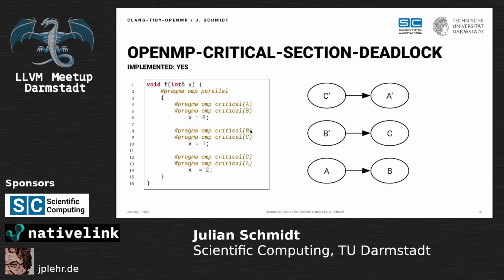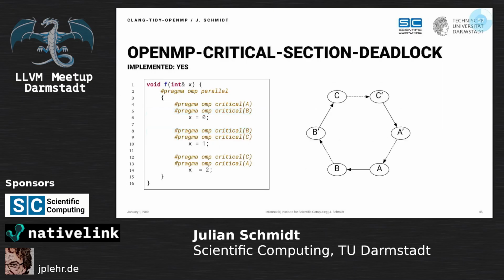So B and B are different directives, but they're the same critical section because of their name. And after that, after we collected all of this, we can do depth first search on this and basically attach the parent-child dependencies where the name matches. That would be these dashed lines here.